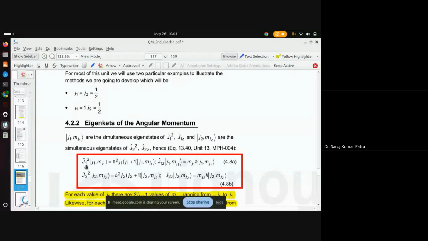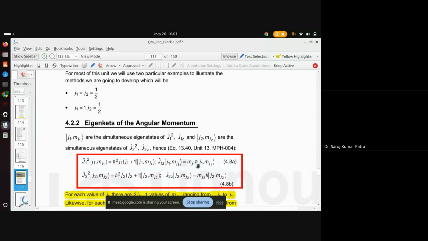So J1 square for particle 1, J1 square operating on the state |J1, MJ1> will give me J1(J1 plus 1) h cross square into the state. And the Z component, J1Z operating on |J1, MJ1> will give me MJ1 into h cross.